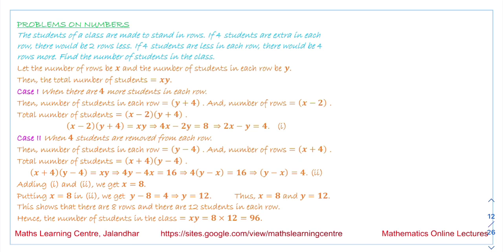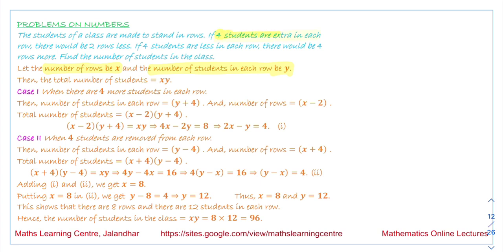So the first is, the students of a class are made to stand in a row. If 4 students are extra in each row, there would be 2 rows less. And if 4 students are less in each row, there would be 4 rows more. Suppose the number of rows is x and the number of students in each row is y.